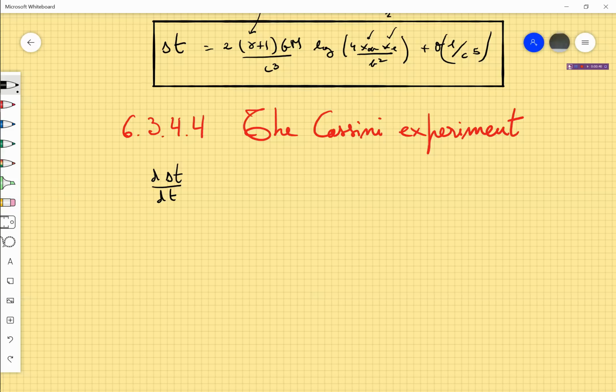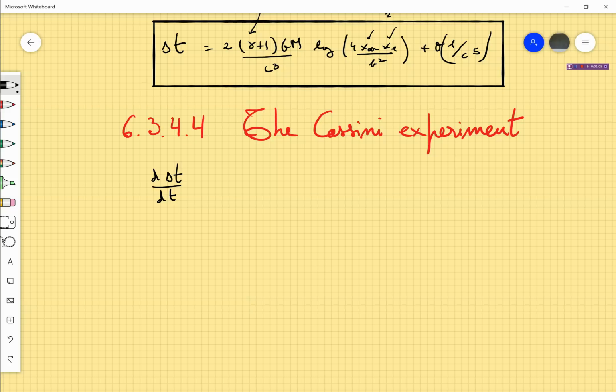Okay, when we take the derivative of delta t, there are certain things that we can consider almost constant, like the distance from the point of emission, so basically the Cassini spacecraft, and the distance from the Sun to the Earth. Those two values are almost constant. They vary very slowly with time.